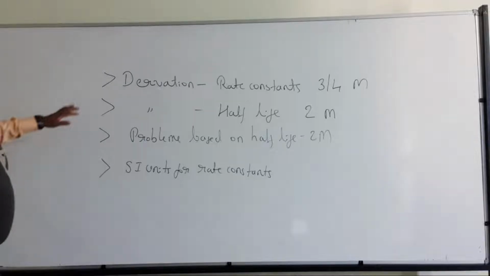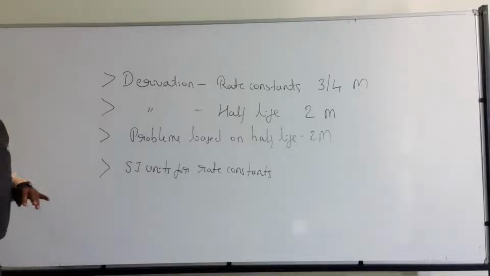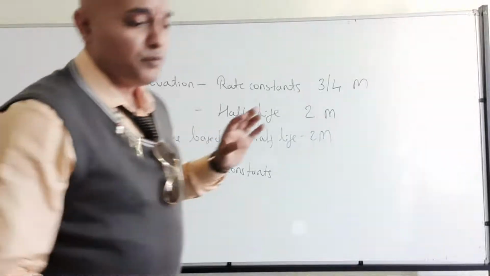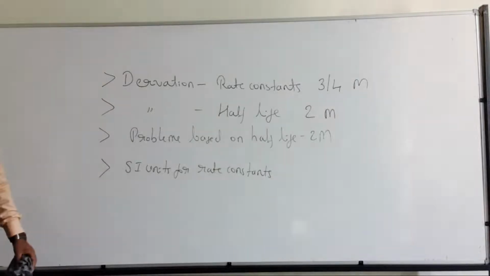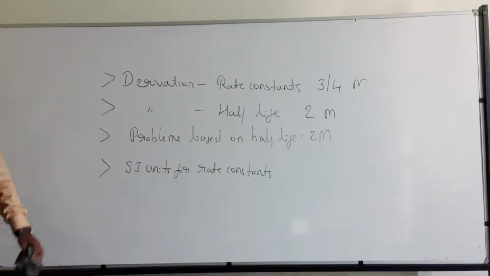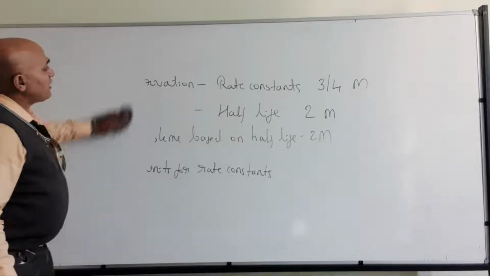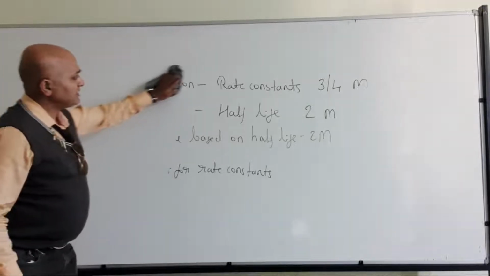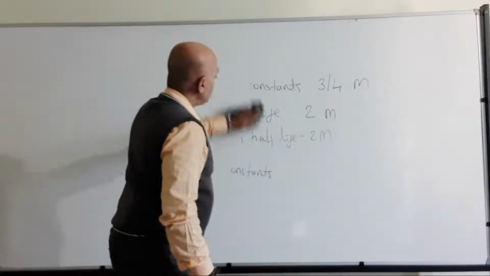But one question from this part, 100% it will be there. Any one derivation question, 100% it will be there. Every year they have asked. So try to practice, and don't forget to put the graph at the end. When you are deriving the rate constant equation, don't forget to put the graph.